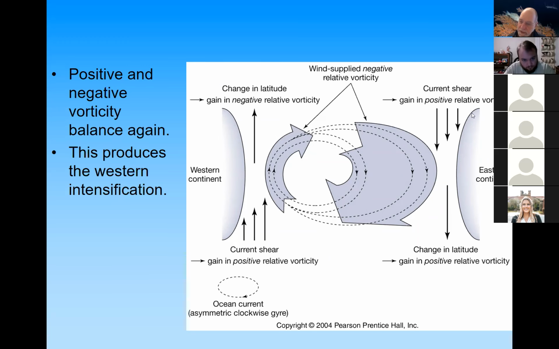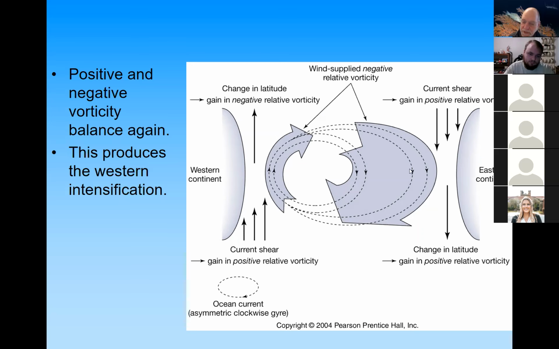And then the wind continues to supply, and there's a return here. As it returns, the same sort of gain in positive relative vorticity occurs as water is interacting with the European continent. But this general gain changes so that the deflection decreases as you move further south. So more intense Coriolis deflection moving northward, less intense moving southward.